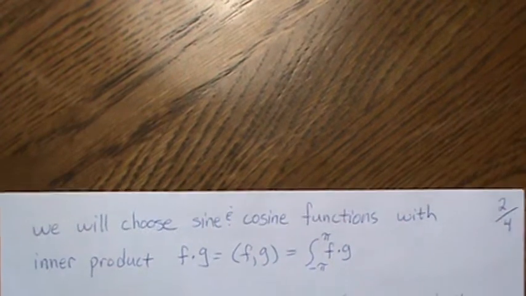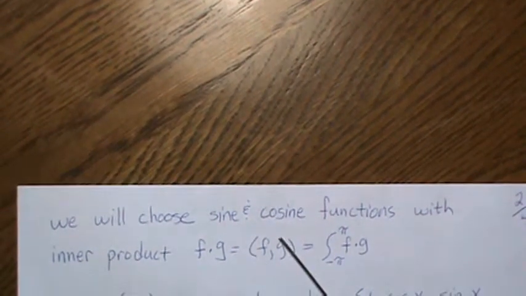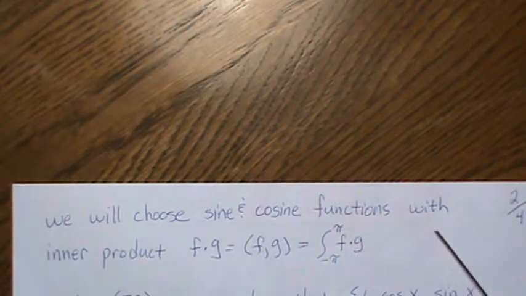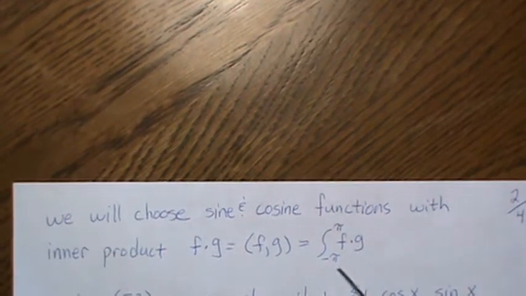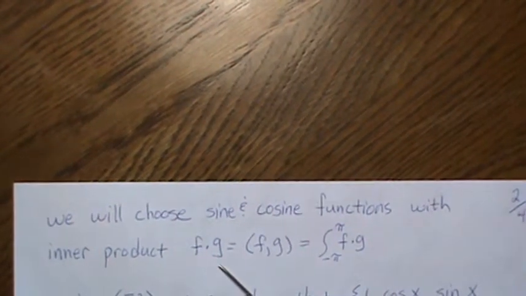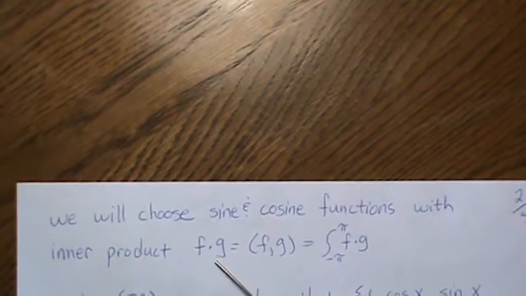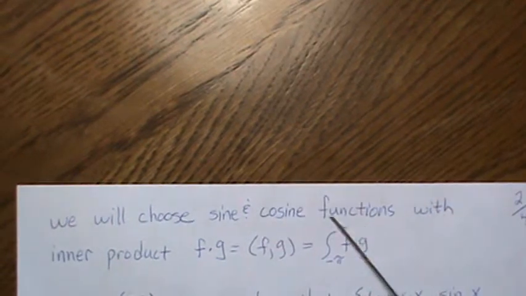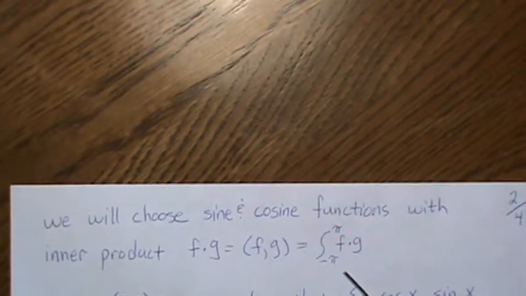But for the Fourier series, we're going to choose sine and cosine functions as our basis functions, with respect to this inner product. We say f dotted with g, and you can write it either as this or as a tuple, and it's this integral from negative pi to pi.